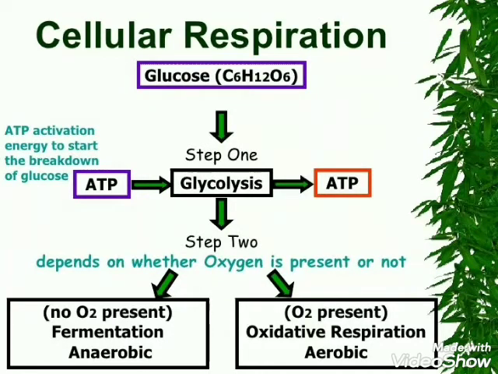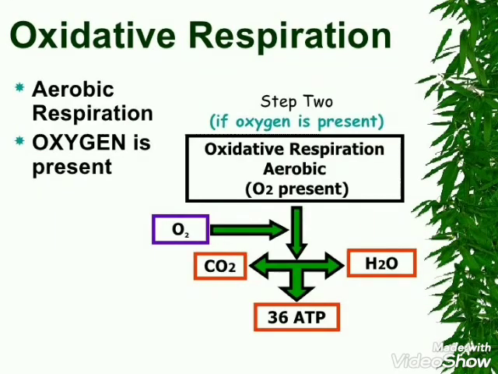Fermentation is incomplete oxidation of food material. But if oxygen is present, then oxidative respiration takes place under the category of aerobic respiration. First of all, we will study oxidative respiration, generally known as aerobic respiration, which occurs in the presence of oxygen.